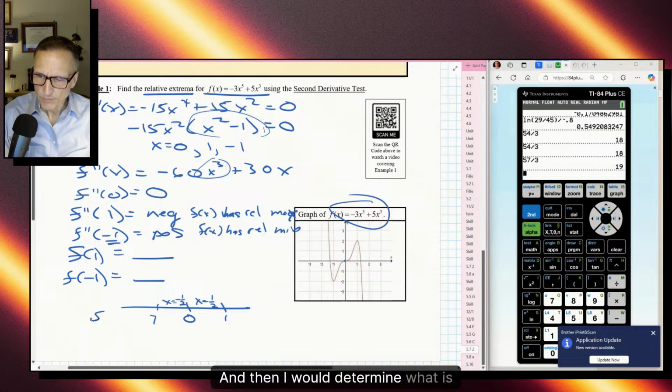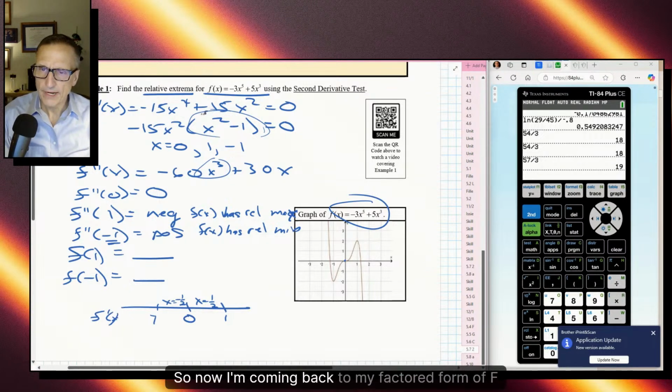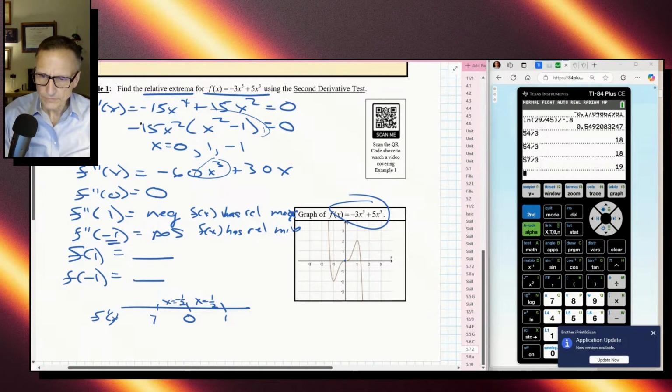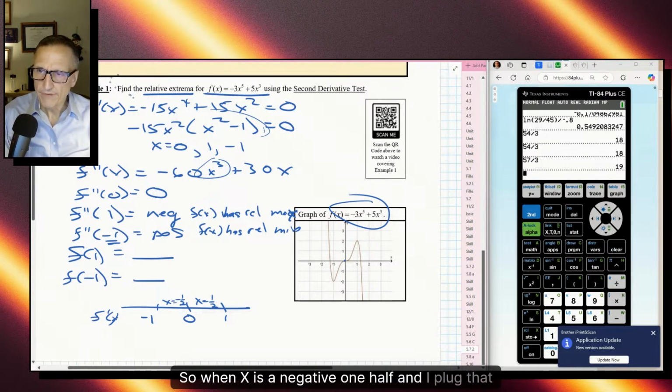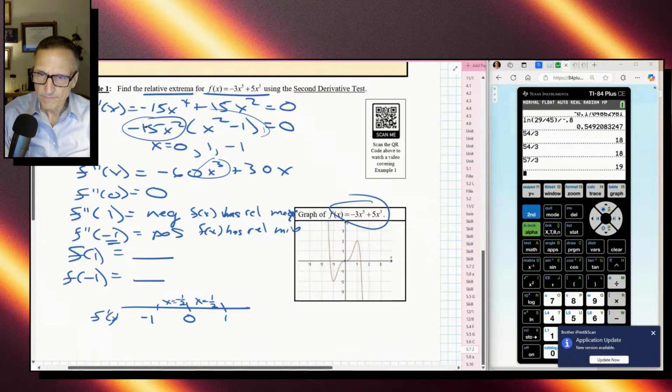And then I would determine what my f prime of x is, coming back to my factored form of f prime up here. When x is a -1/2 and I plug that into the first derivative, that's going to be a negative, and that's going to be a negative.